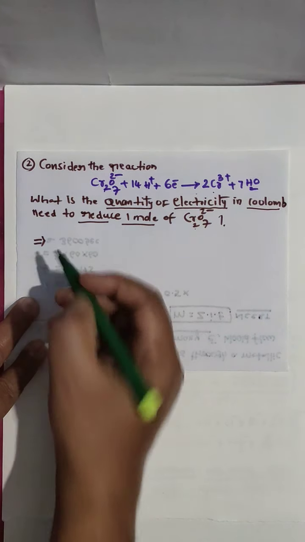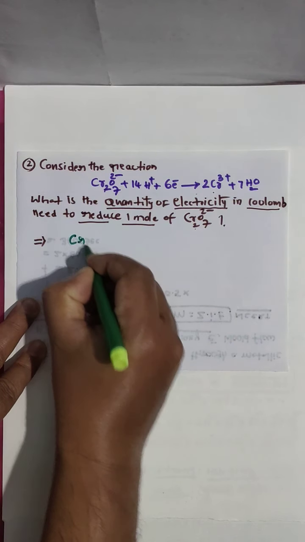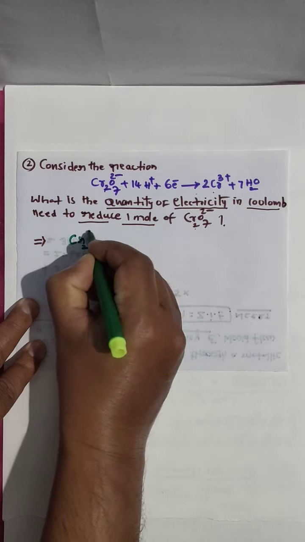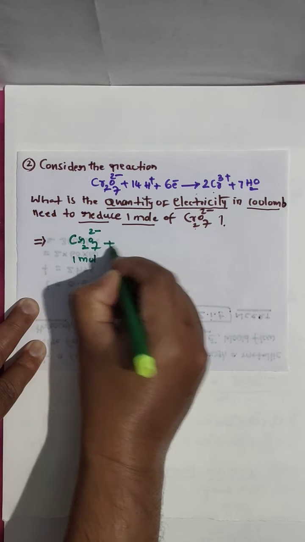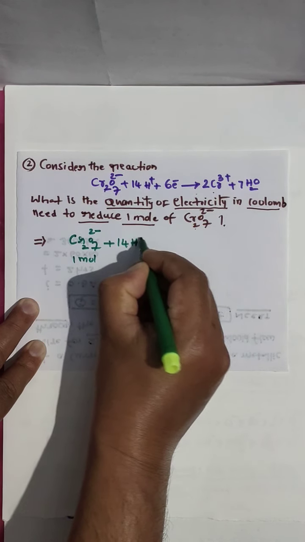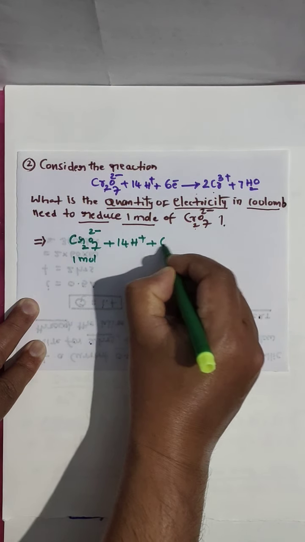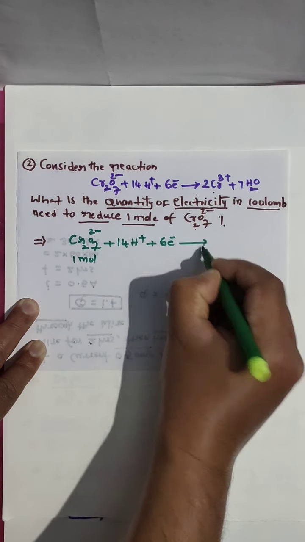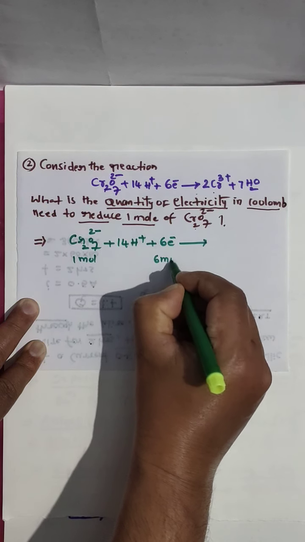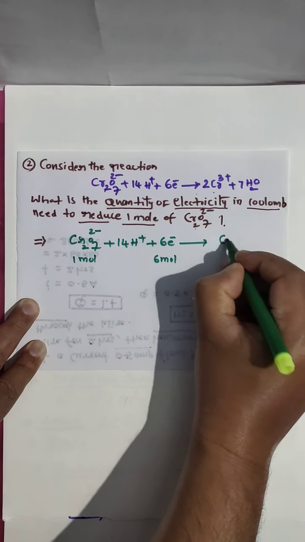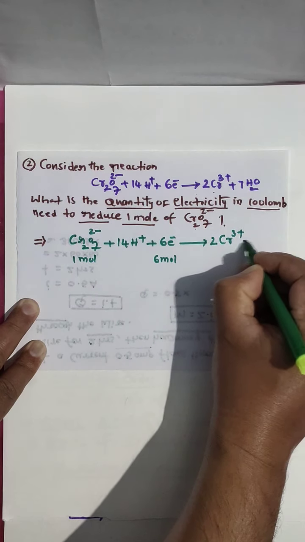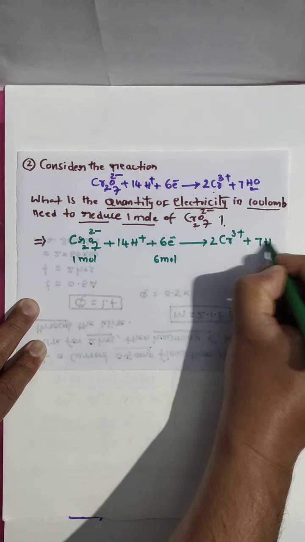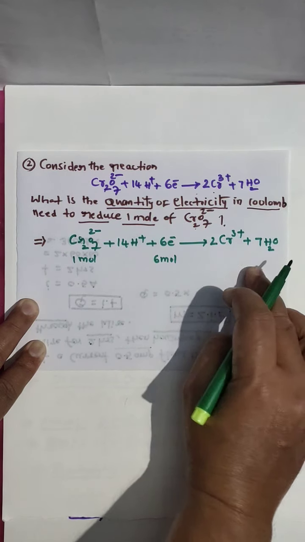So Cr2O7 2 minus is 1 mole plus 14H plus, this is for balancing, plus 6 electrons. You treat these 6 electrons as 6 moles and you are getting Cr3 plus, this is 2 moles, plus 7 water molecules. This is 7 moles.